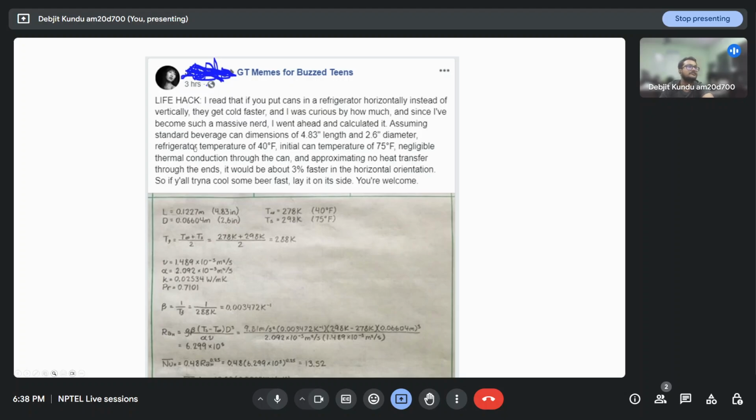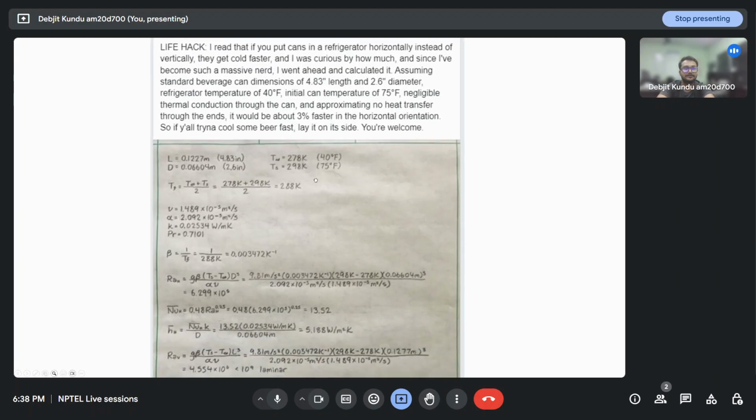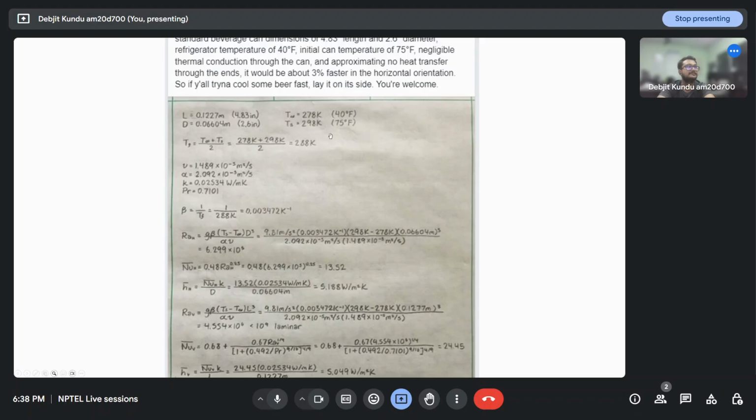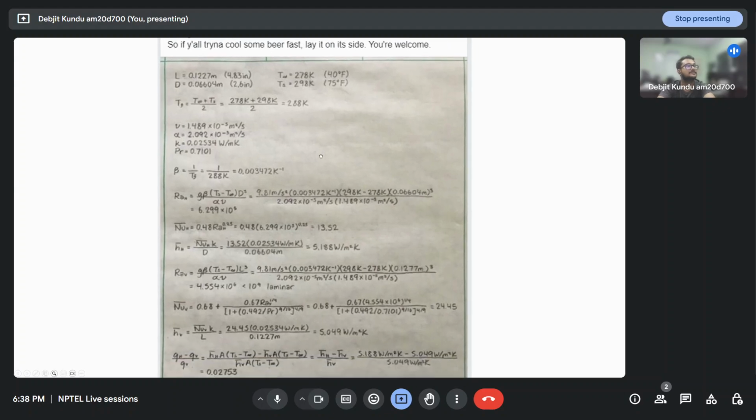The typical refrigerator temperature is 40 degrees Fahrenheit, and the initial temperature you can take as something like 75 to 100 degrees Fahrenheit, which is the outside ambient temperature. Assuming nothing else, it would finally show that it would be 3% faster if you put it in the horizontal orientation. Now, this 3% would depend on the exact dimensions and everything, but it is faster.